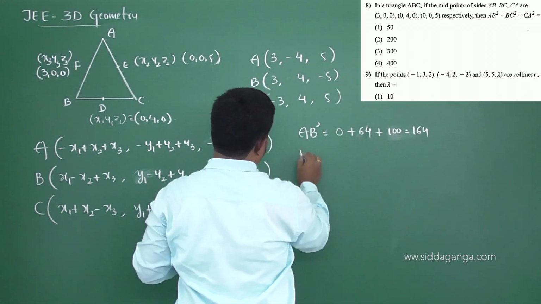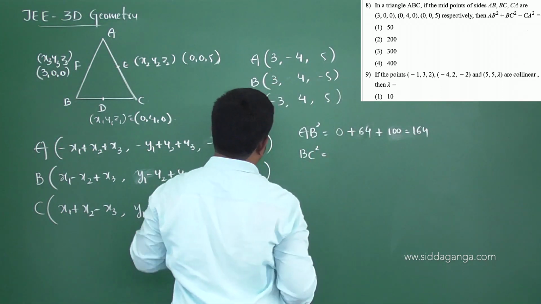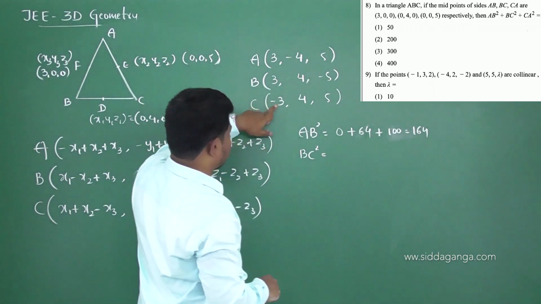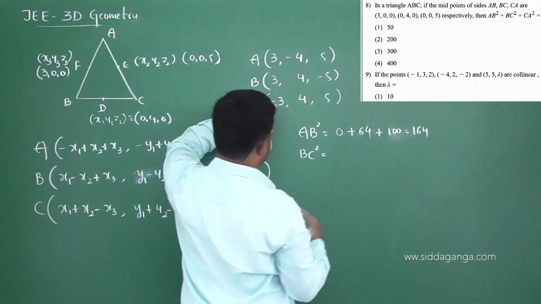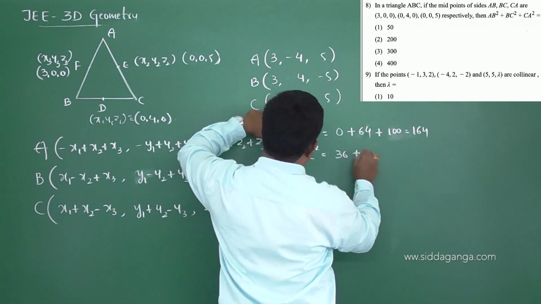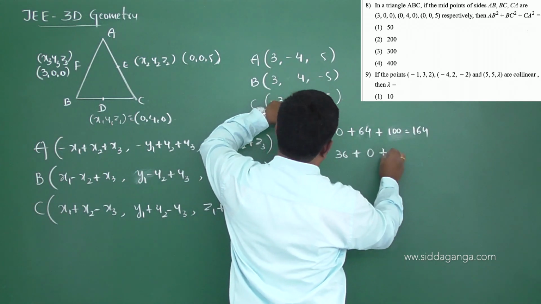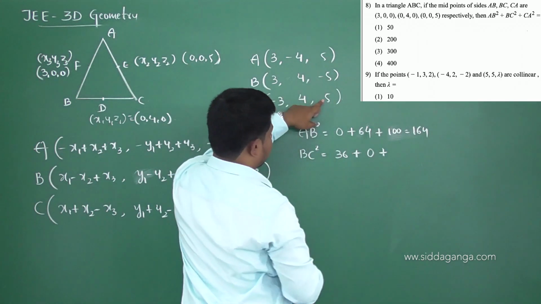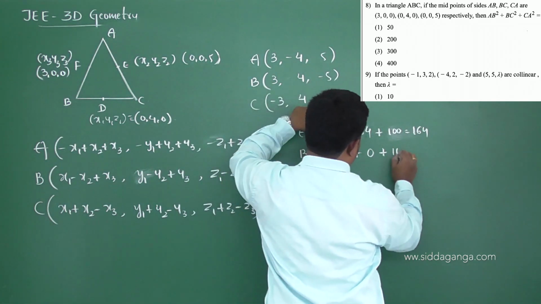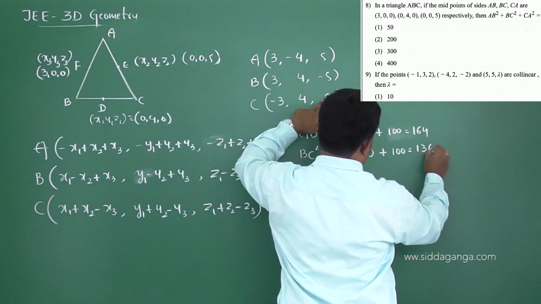Then BC square becomes 3 minus minus 3, that is 6 squared, 36, plus 4 minus 4, 0, plus minus 5 minus 5, that becomes minus 10 whole squared, that is 100. So you get 136.